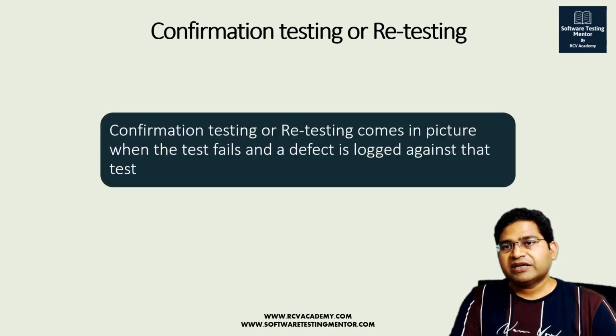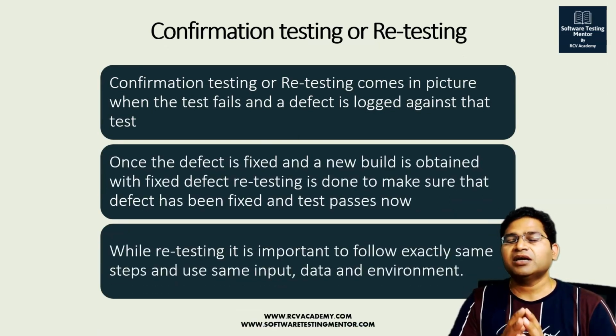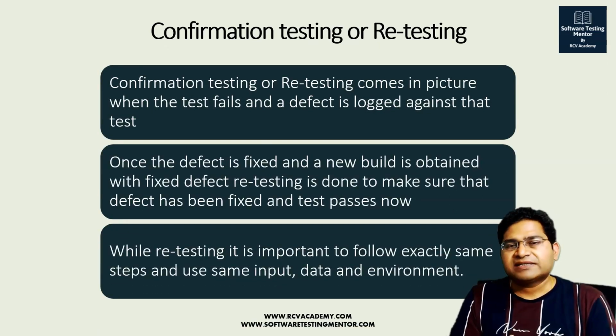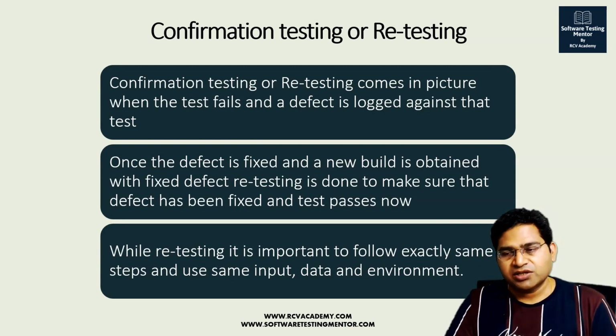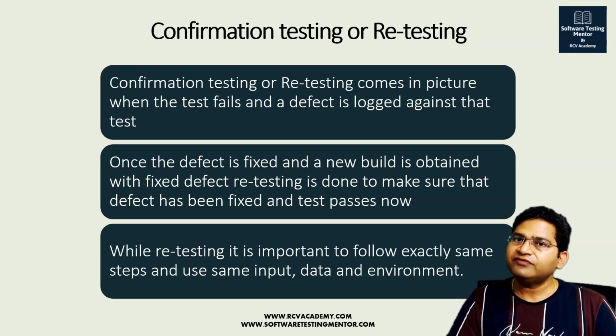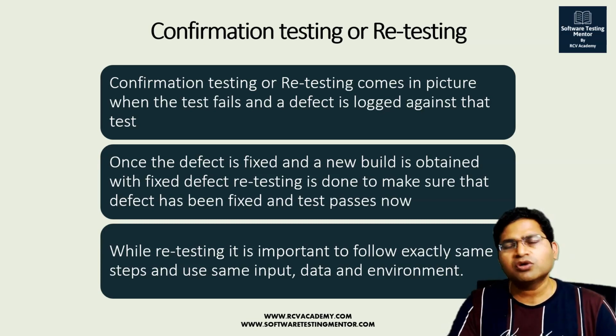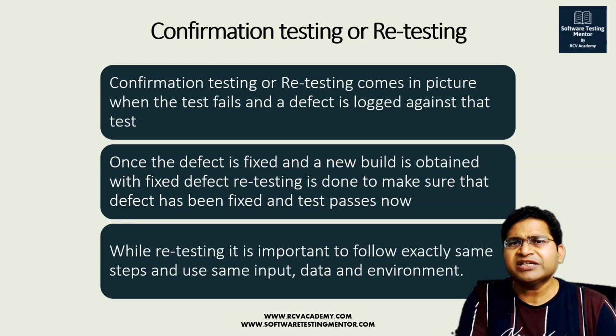Okay, now when we say confirmation testing or retesting, it comes into the picture when a particular test case fails. Say for example, you are doing the test execution, okay, and there was a test which has failed. So when the test fails, you will log a defect for that, and if the defect is found to be valid, the developer will go ahead and see what was the root cause and fix it. Okay, once they fix it, that means they have done some changes in the code, right?